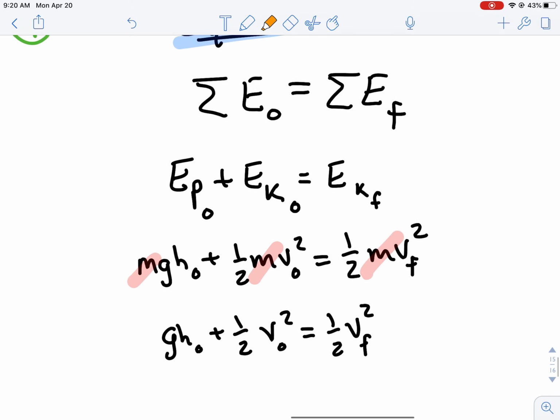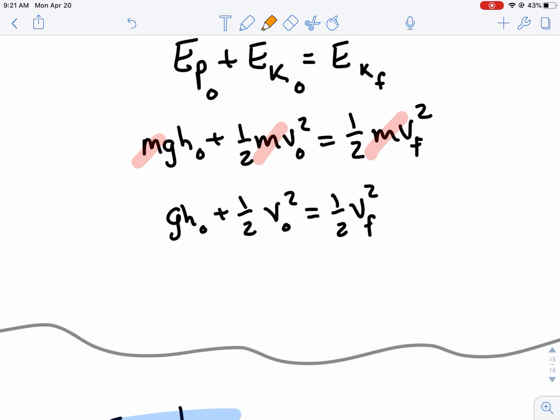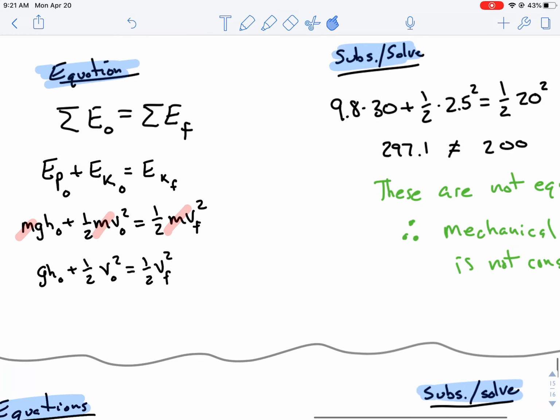I noticed that when I substitute the expressions in for potential energy, kinetic energy, and kinetic energy final, every one of these terms actually has an m in it, which means the mass is going to cancel. So after it's been canceled, I can go ahead and substitute my numbers in.